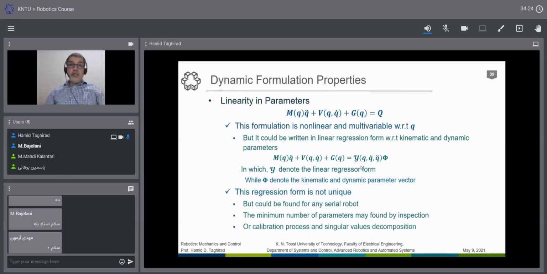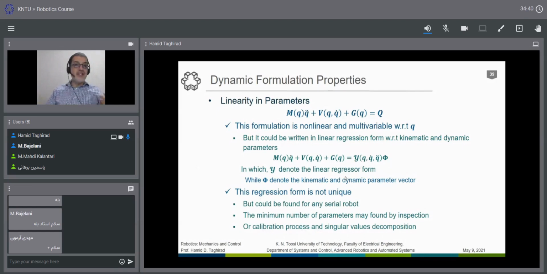And this equation can be used twofold. First, it can be used for some adaptive control schemes. We will talk about them in the next chapter. And also, we call it the identification process or calibration process.